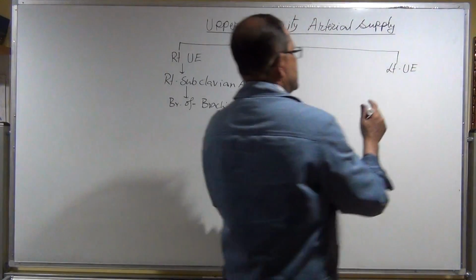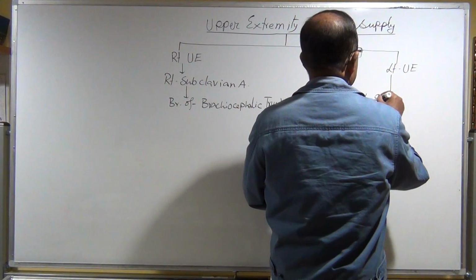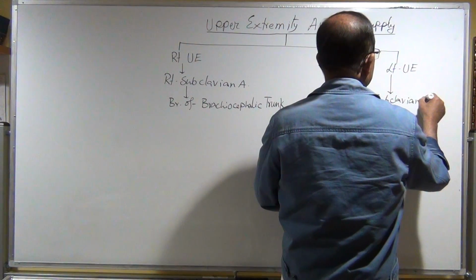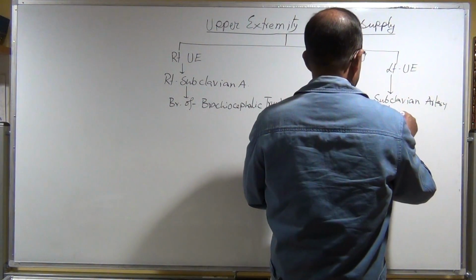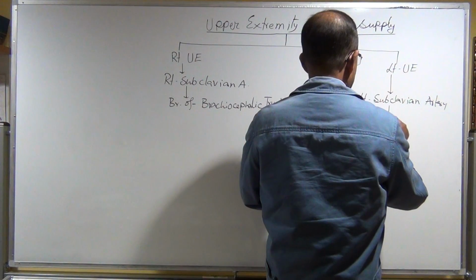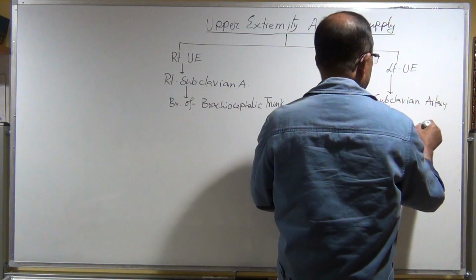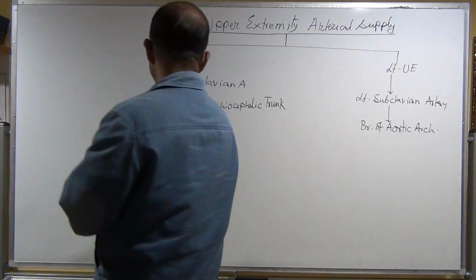And on the left side, the left subclavian artery is a direct branch from the aortic arch.